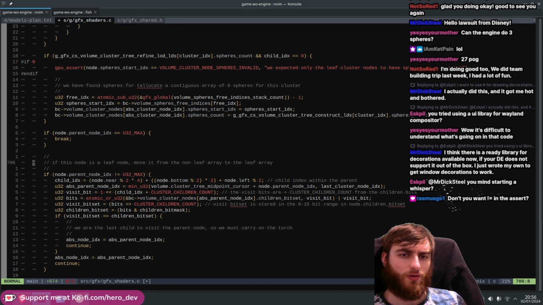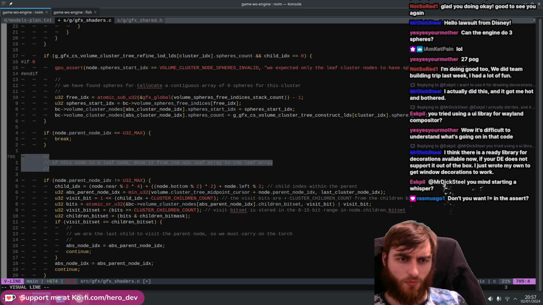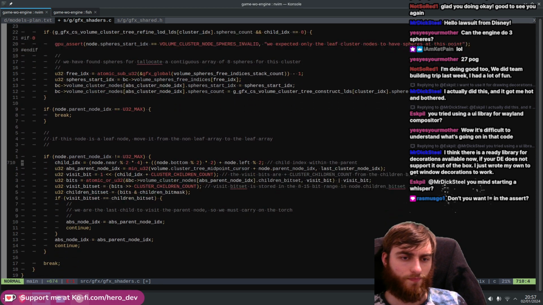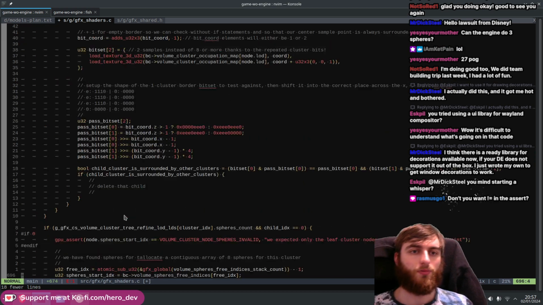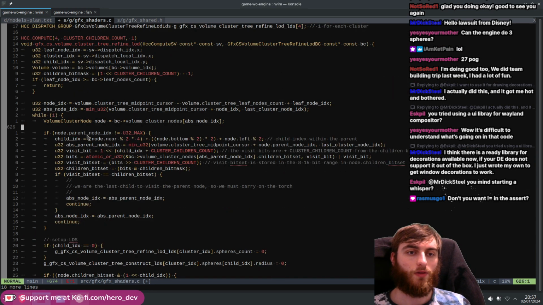If this is a leaf node, move it into the. Yeah, so that comment there was for me, there's no moving happening here. Anyway, that code needs to be finished up at some point. Right. So here we get the node.